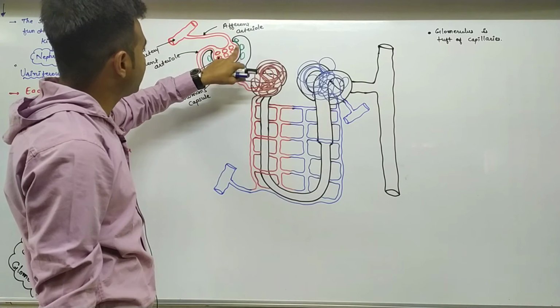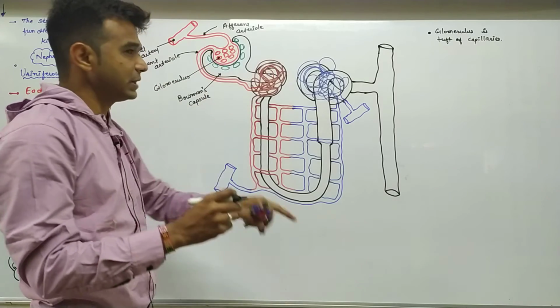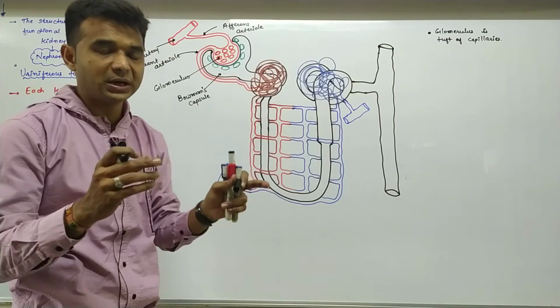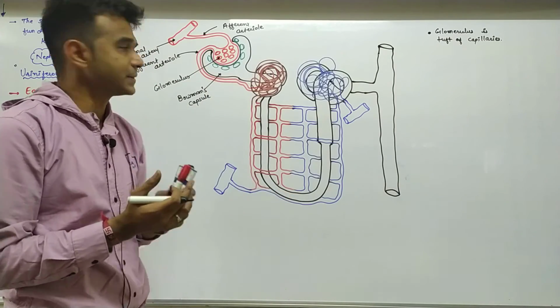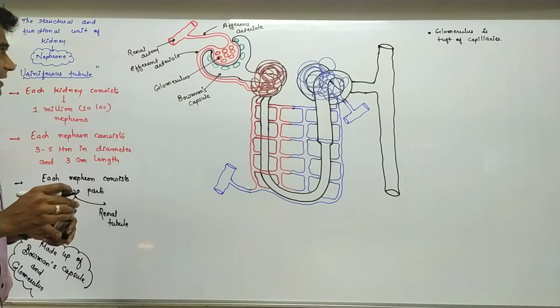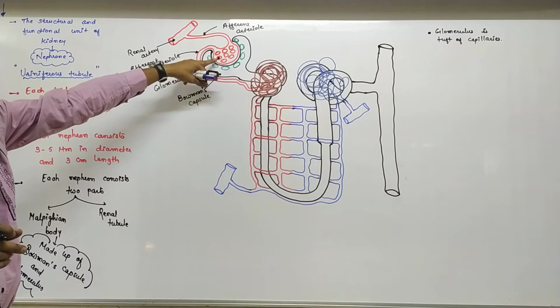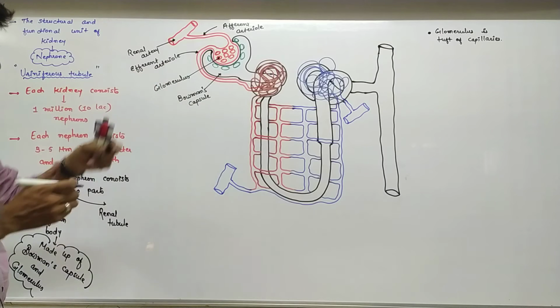So the afferent arteriole enters the Bowman's capsule and divides into small capillaries. Similarly, the capillaries join together and form the efferent arteriole.